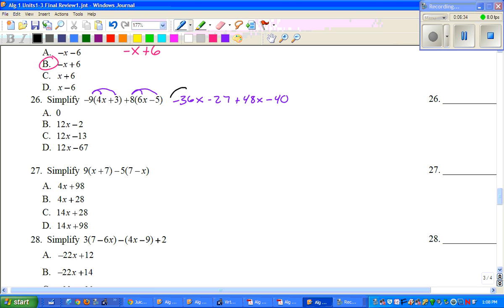Okay, so we're going to look for things that are the same. Negative 36 plus 48, if you need your calculator for that, it's okay to use it. You should get 12x. And then we have the negative 27 minus 40 should give you negative 67. Okay, so D is the correct answer for 26.